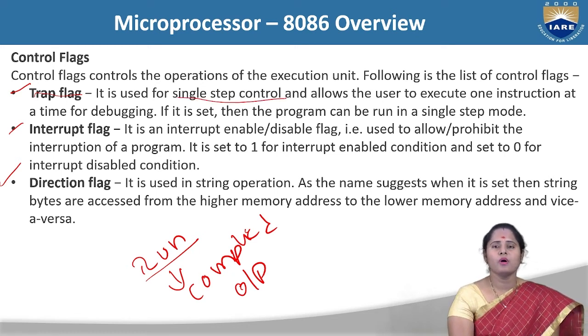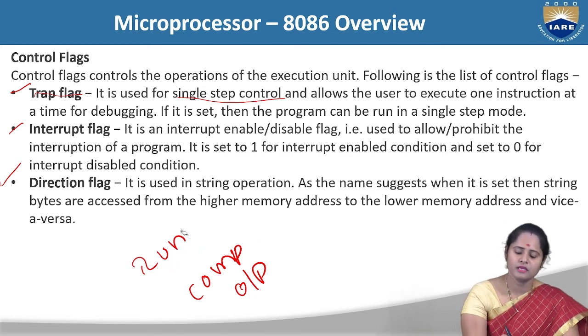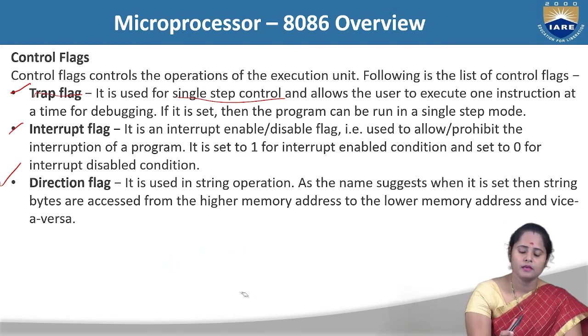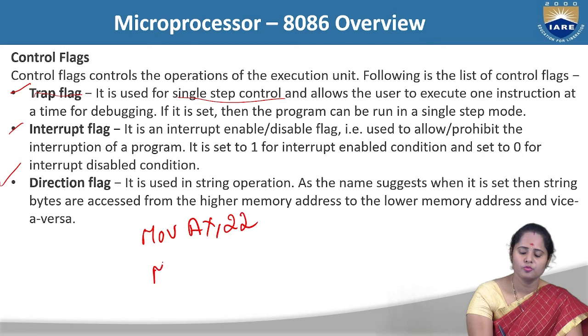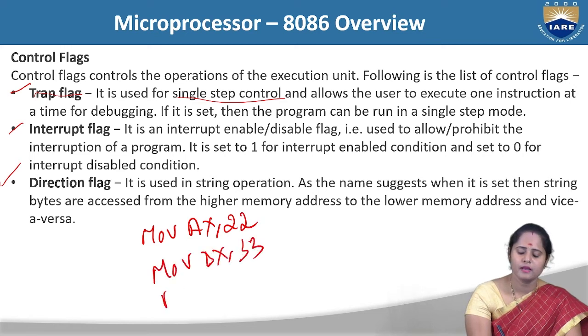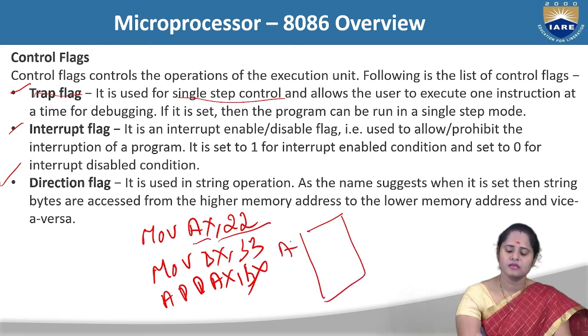It means one instruction is executed at a time. Suppose I take one example: move ax comma 22, move bx comma 33, and add ax comma bx. So 22 is present in AX. I'm viewing my registers, which is AX and which is BX.